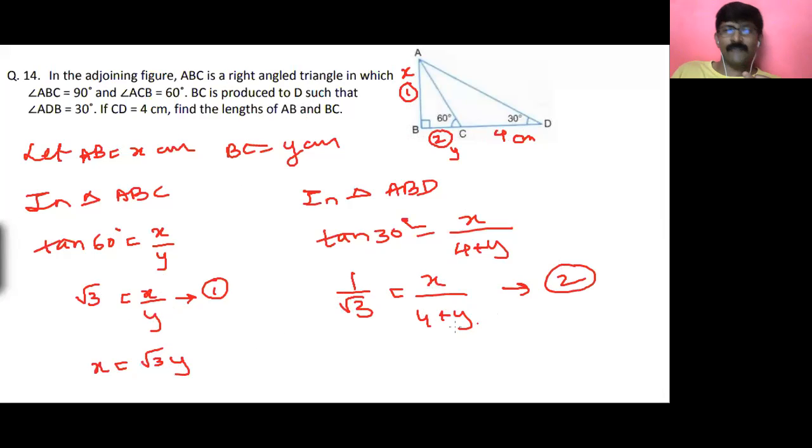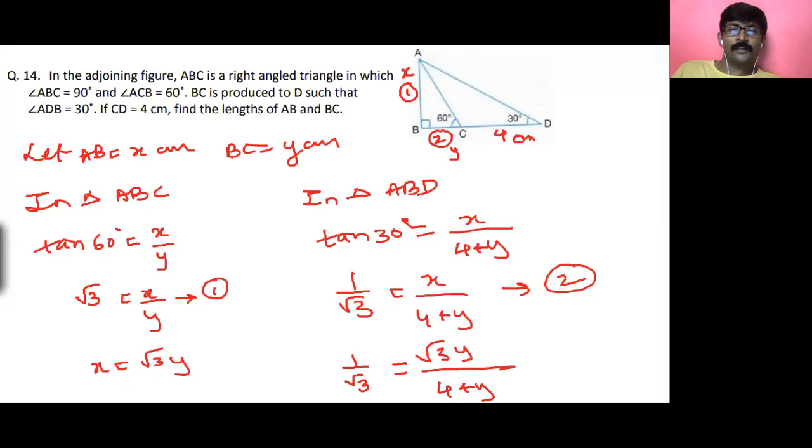Are you getting it? That way I'm going to get y, and then whatever value of y you get, you can substitute over here and multiply that with √3, you're going to get the value of x, and that's how you're going to get AB and BC. So first of all, I'll try and find this y value. So 1 by √3 is equal to x की वैल्यू क्या है, देखो यहाँ पर अभी हमने कैलकुलेट किया है, √3y upon 4 plus y.